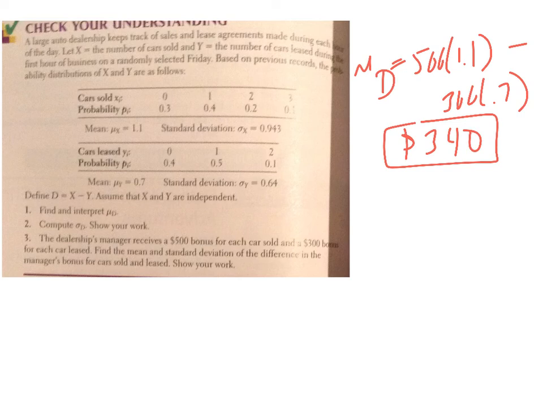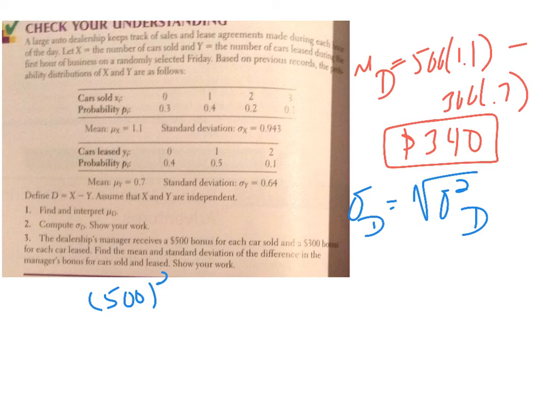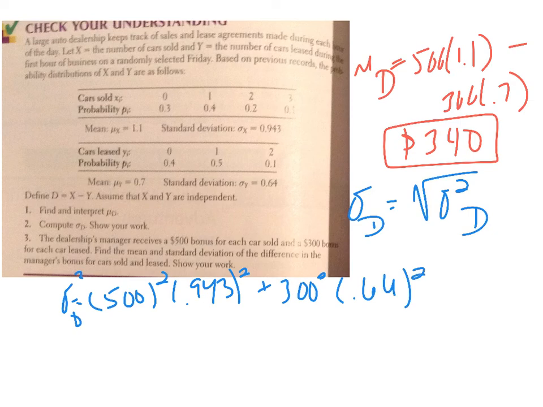Then for the standard deviation, again, I need to calculate the variance first. Since I'm multiplying by a constant, remember that when we multiply by a constant, we have to square that constant. So the variance of D is 500 squared times 0.943 squared plus 300 squared times 0.64 squared, which gives me that humongous number again.